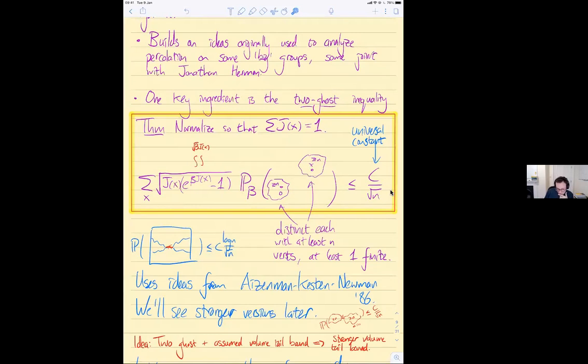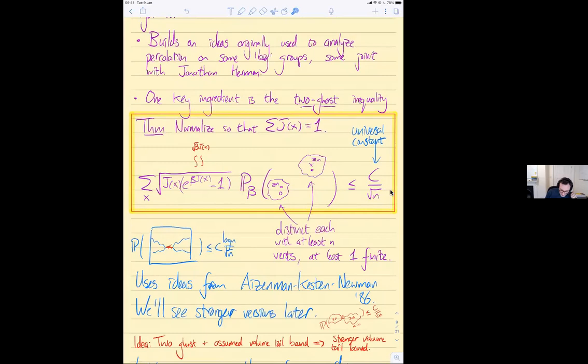Okay, and what it says is: let's take two points, the origin and x, and look at the event that the origin and x are both in clusters of size at least n, at least one of these two clusters is finite, and the clusters are distinct.